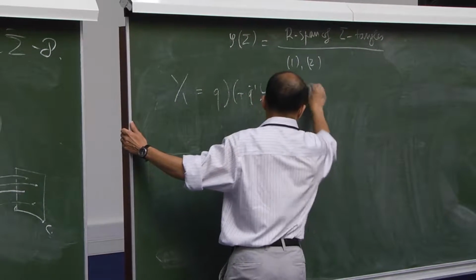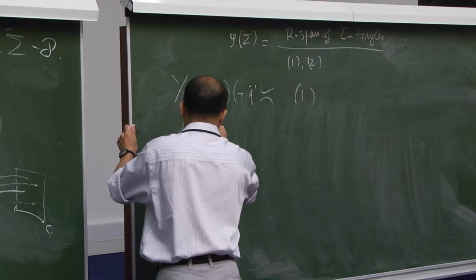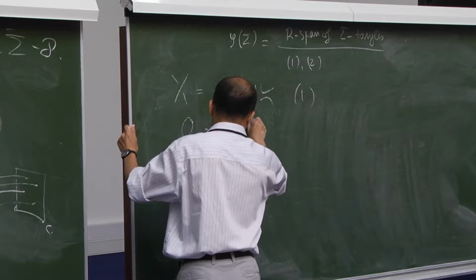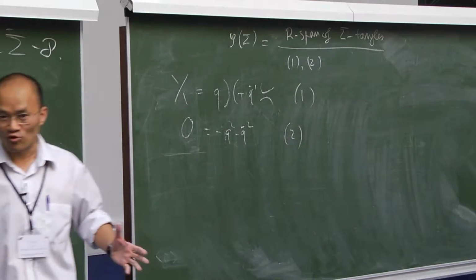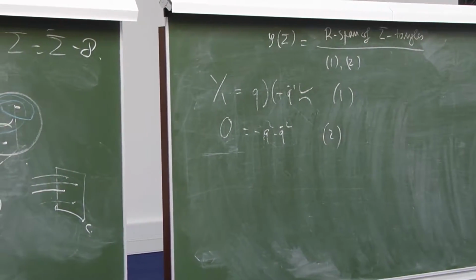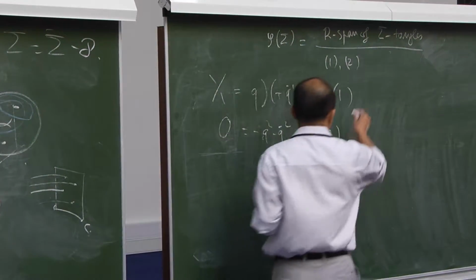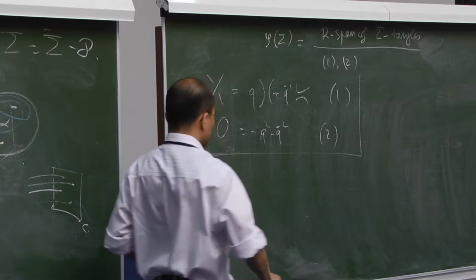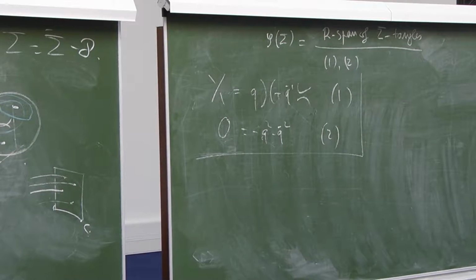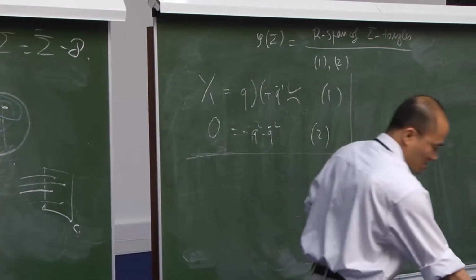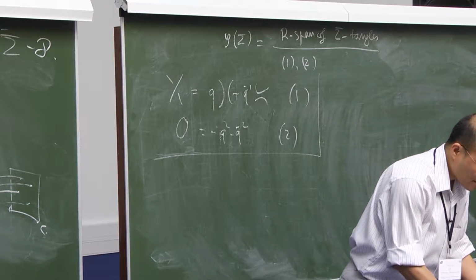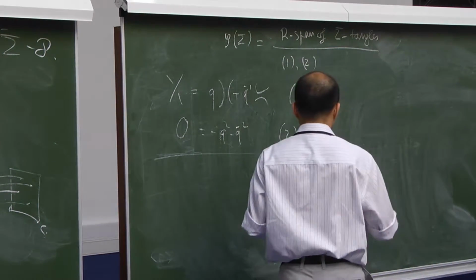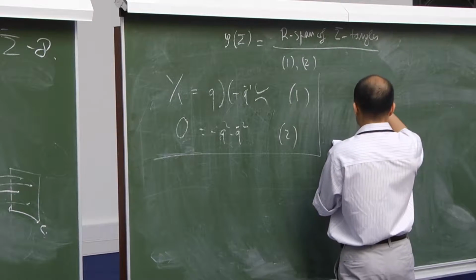And 2 is this one is equal to minus Q squared minus Q minus 2. But now, because we have boundary points, we need something new. After some search, I found exactly one solution up to symmetry. Let me write the solution.